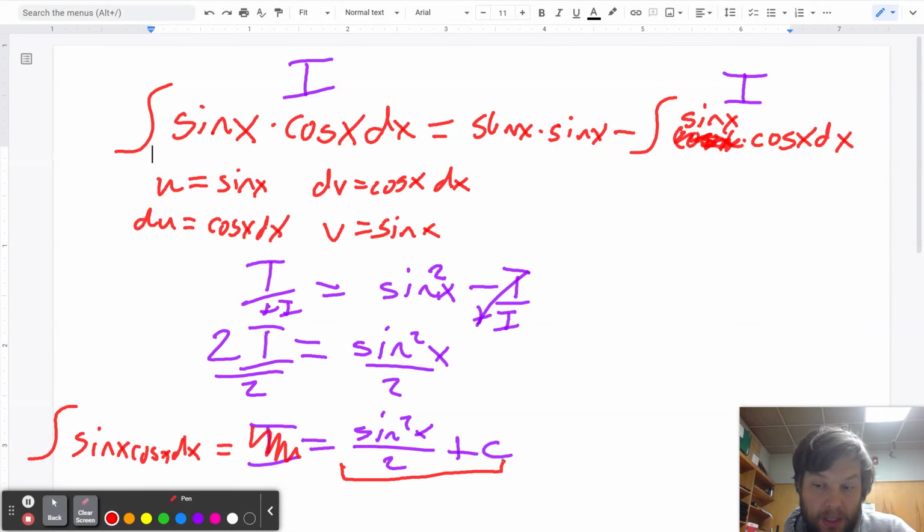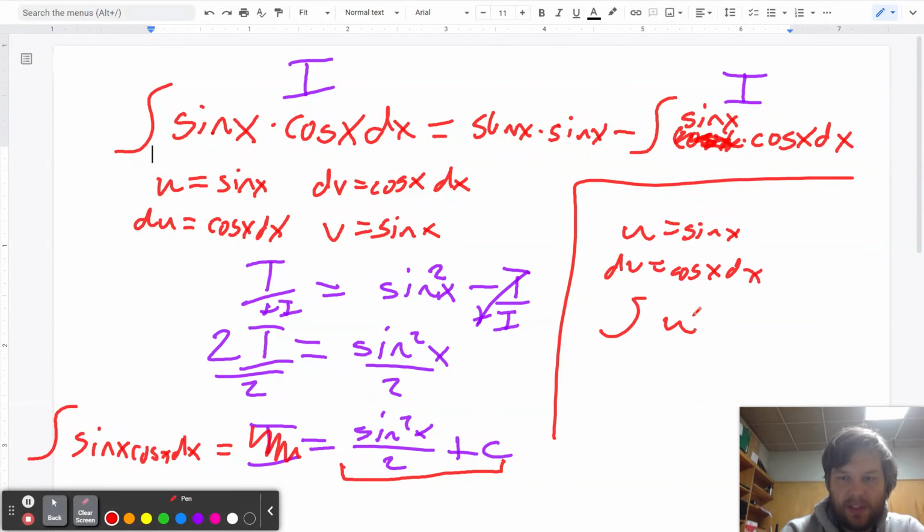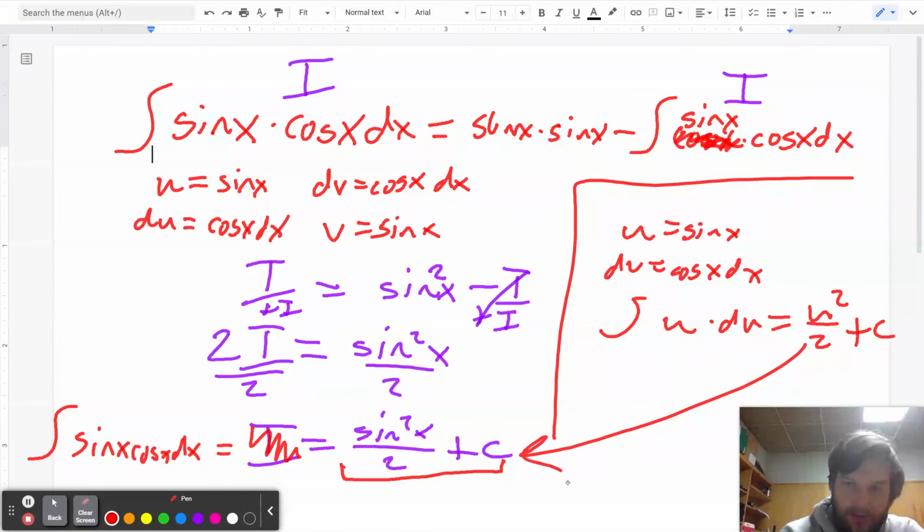We could have done it using just substitution, because if you make u equal sine of x, then its derivative shows up as cosine x dx. And so you could have done it like this. u du becomes u squared over 2 plus c. Same thing that we had right down here. It's just another way of getting to it.